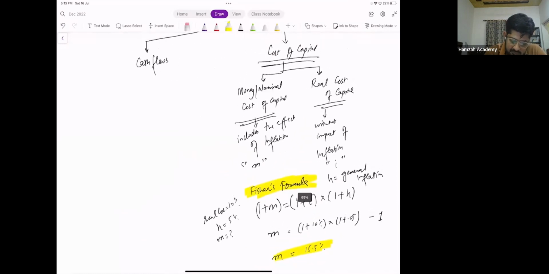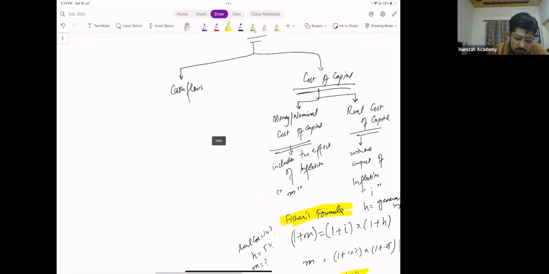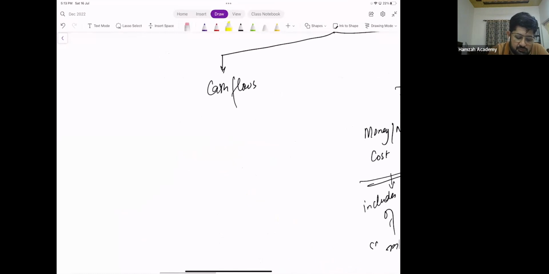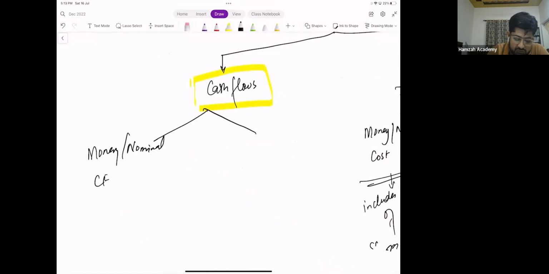Now, cash flows. They can be money or nominal cash flows, which are also called inflated cash flows, including the impact of inflation.